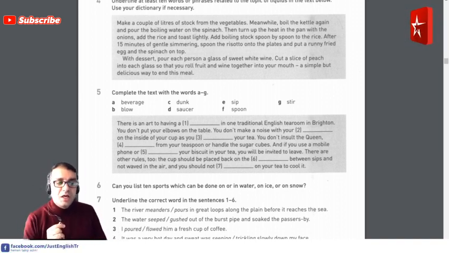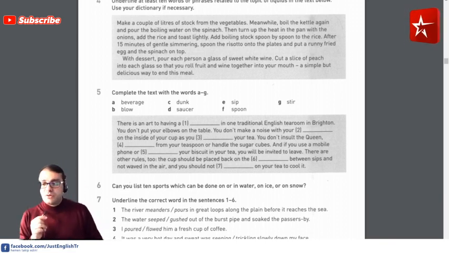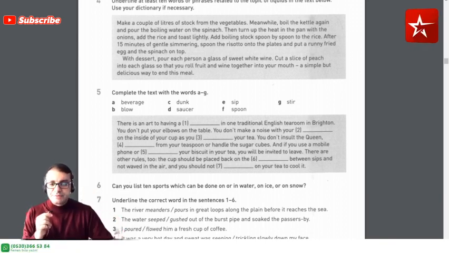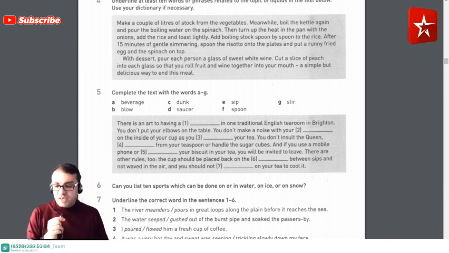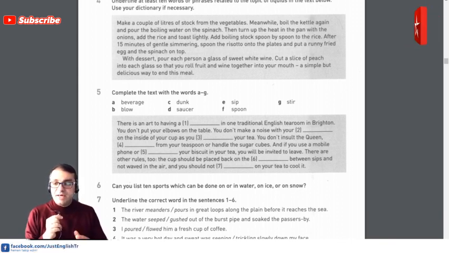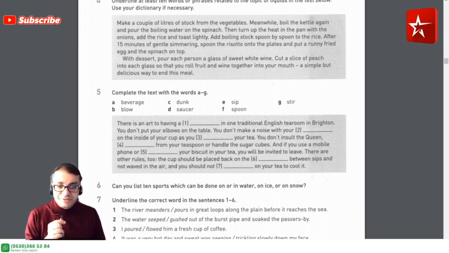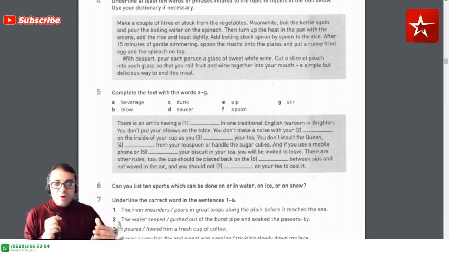Perfect. Now, let's go for 6. Time is ticking, folks. Keep it ticking. Yes, here is Shaheen. 5 is C. Now, what about number 6, folks?